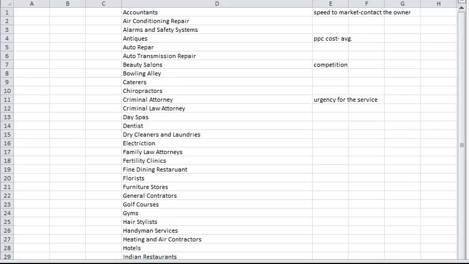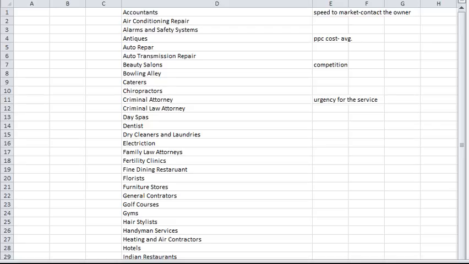The more you know about the niche, usually the more successful you will be. So, you're going to have to start with one niche that you know something about, or you can learn about them, particularly their price per sale is very important.